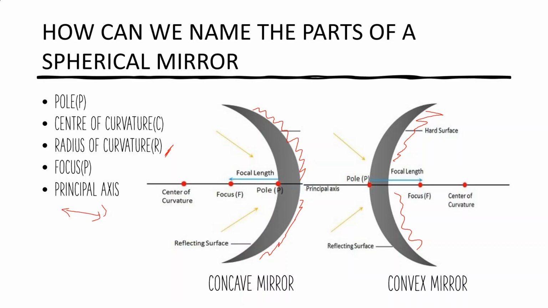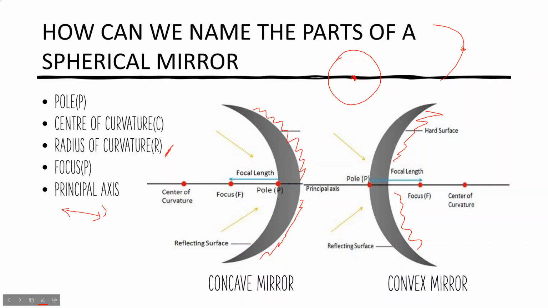Because this is a two-dimensional drawing, I cannot turn it or flip it. The center point is not this, but if you turn this you can see it like a circle, and this point is called the pole.